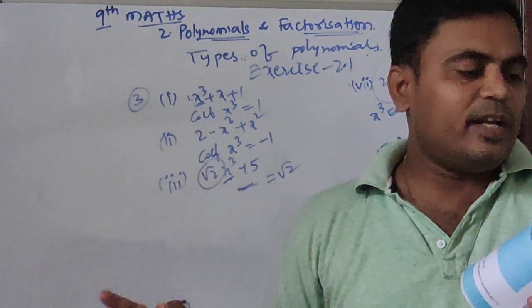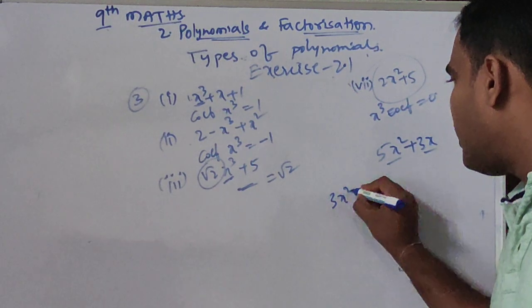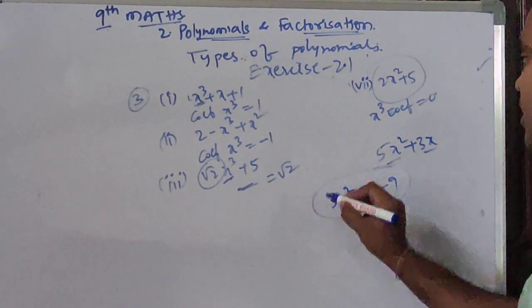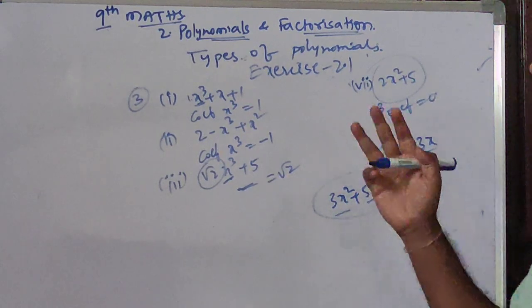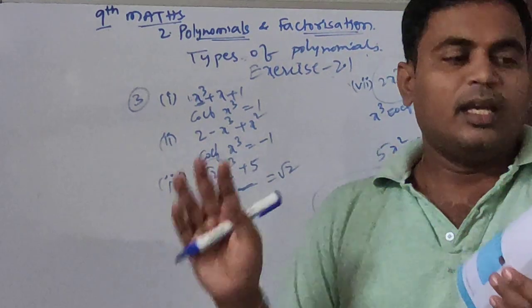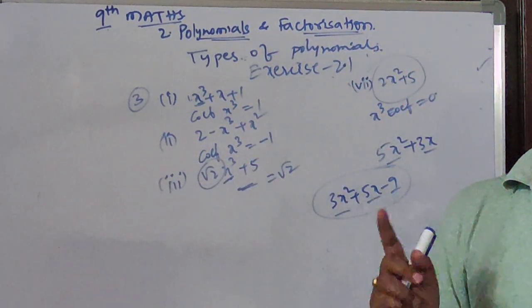Every polynomial is a binomial. It is wrong, because I am taking the polynomial 3x square plus 5x minus 9. It is a polynomial with 3 terms, so it is not a binomial. Every polynomial need not be a binomial. A binomial has degree 3.